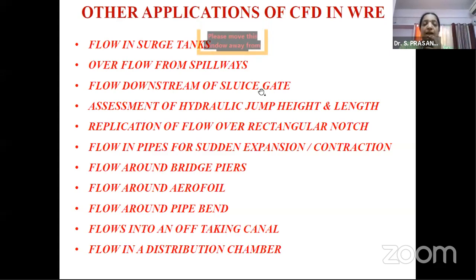And sluice gate, as I told you, we have tried to estimate the hydraulic jump, the length and height of the hydraulic jump, using the macro. We have carried out a rectangular notch analysis, that means the water surface profile for rectangular notches.